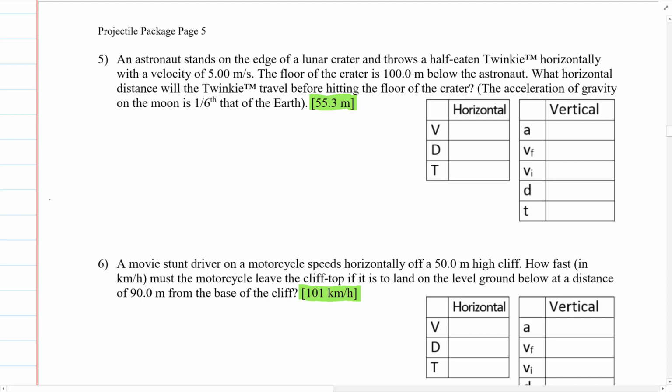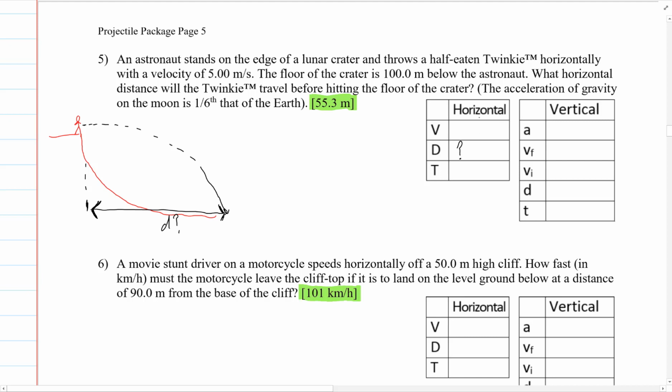So there's a crater, and the astronaut standing there throws this Twinkie, and we want to know what is the horizontal distance that it travels. That is what we're trying to figure out.